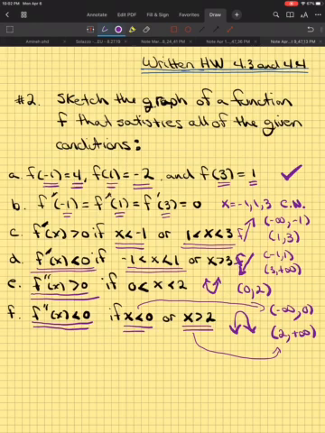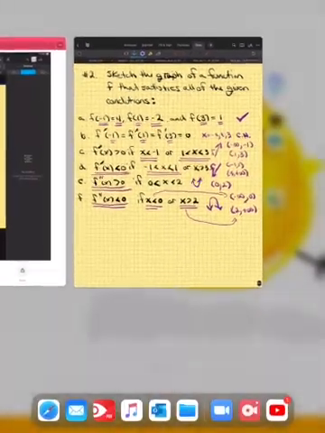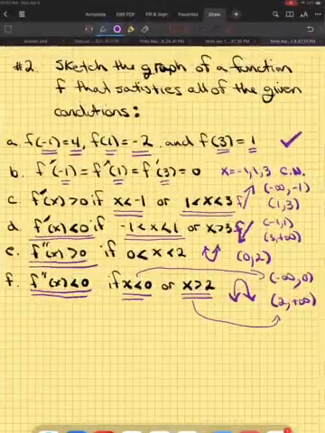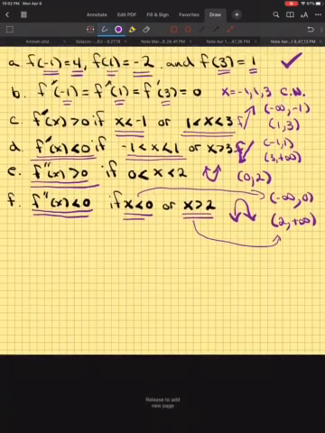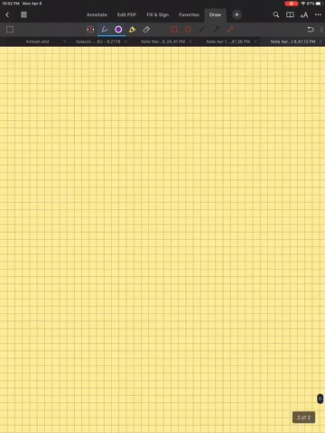Now we're in a position to try to graph this function. So, here we go. Okay, there's the new page. So now I need to draw some axes. Let's use my tool here.